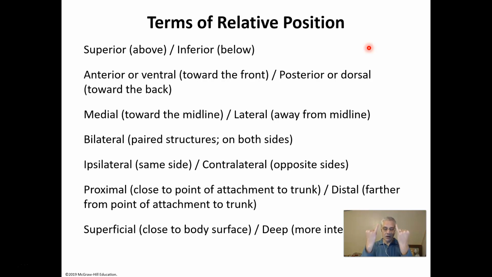Digit 5 is always medial to digit 1. Always. Now, of course, if I'm in anatomic position, my palms are forward, and you'll say, oh yes, I got it. Thumb lateral, pinky medial. How about now? It's still the same. We still refer to the thumb. Digit 1 is lateral to digit 5.